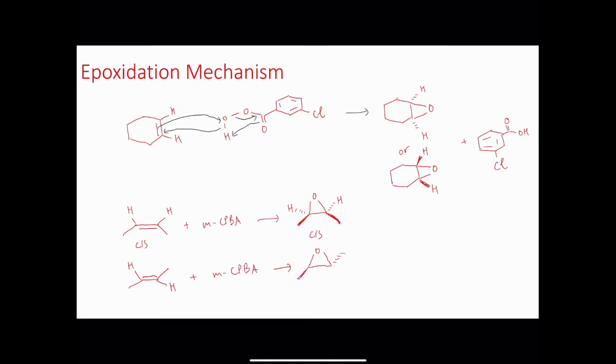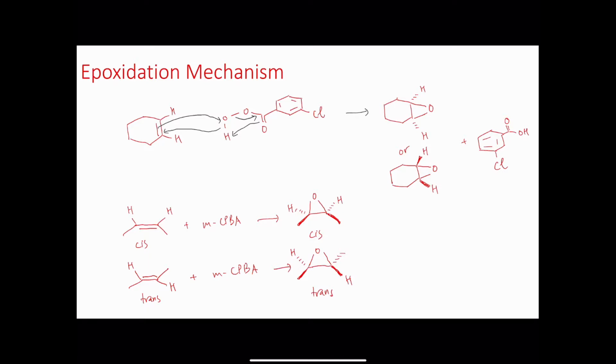So we have the two methyls on opposite sides of the epoxide, and we have the same situation for the two hydrogens. So the two hydrogens will be on opposite sides of the epoxide. So if we start with a trans alkene, we end up with the trans epoxide as well.